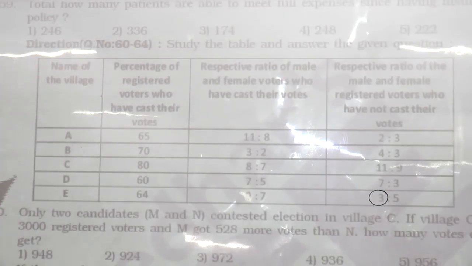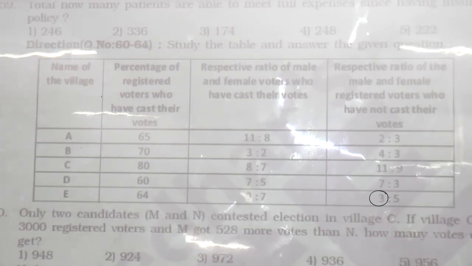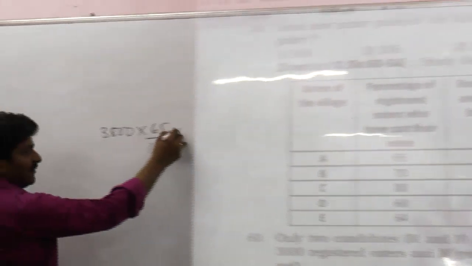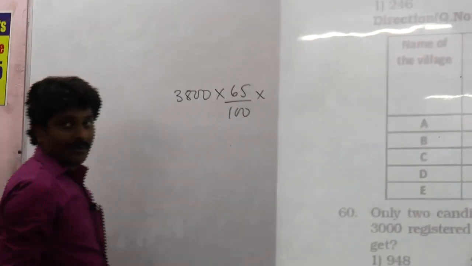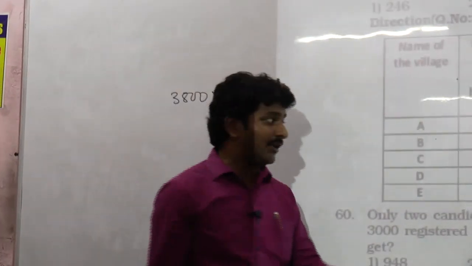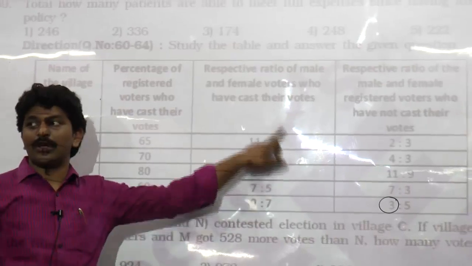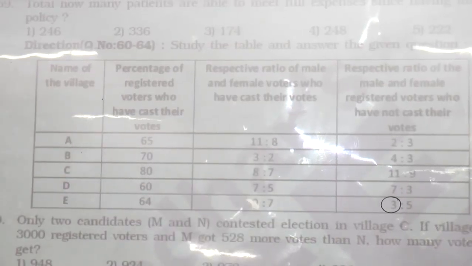So village A has total 3800 candidates. Out of this you need to calculate 65%. This gives you information about male and female who have participated, but your question is about only female, which is 8 parts out of 19. So 8 parts out of 19 parts.